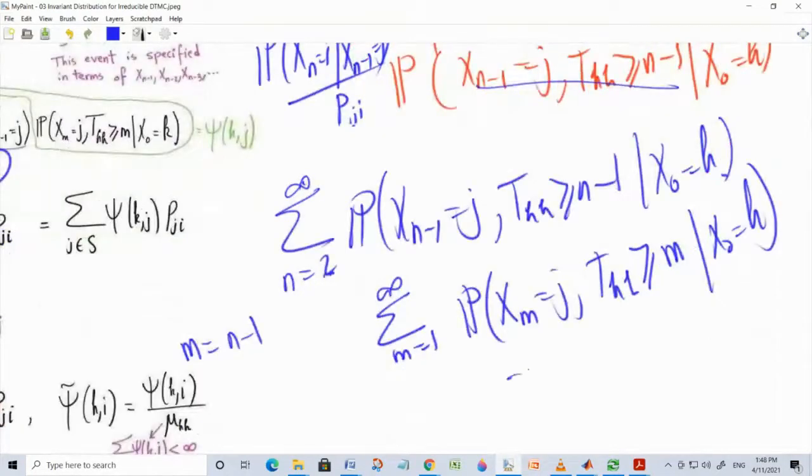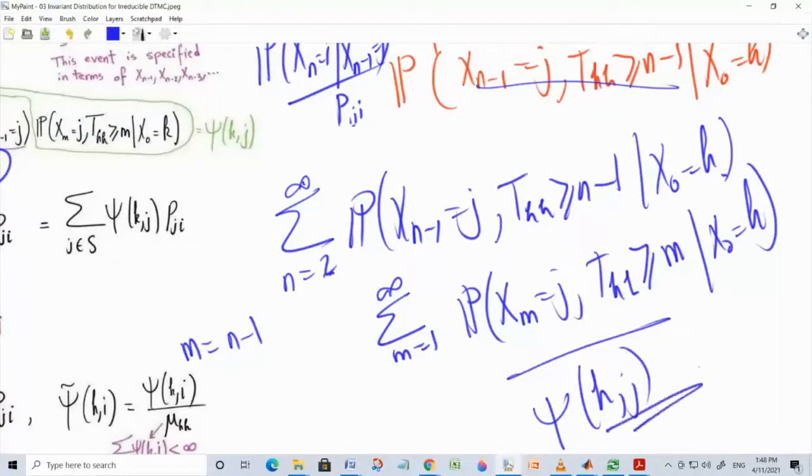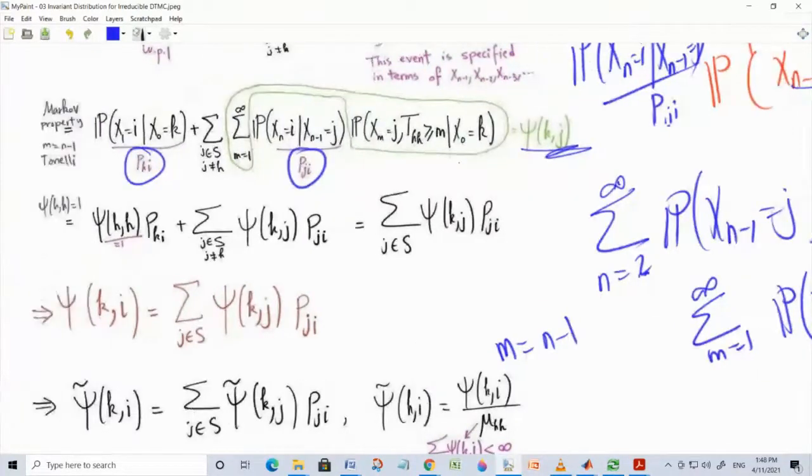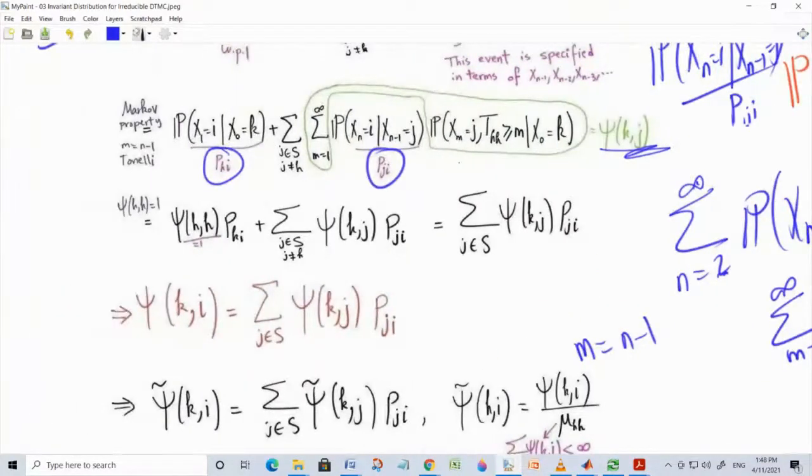And what is this thing? By definition, this is psi of k and j, the average number of times state j will be revisited from state k before revisiting k again. And then what we will do is insert here, before this probability, psi_kk, which is equal to 1. And we discover something.